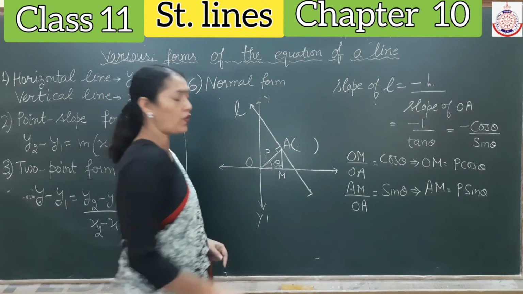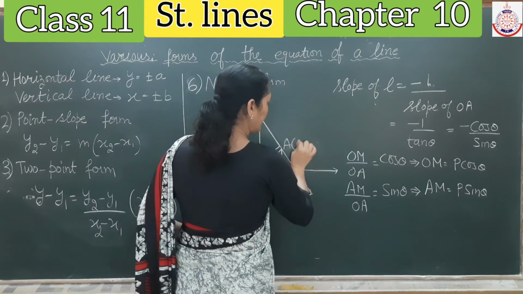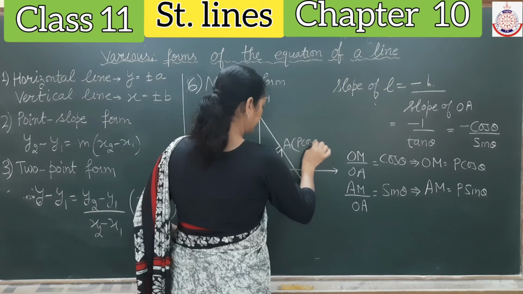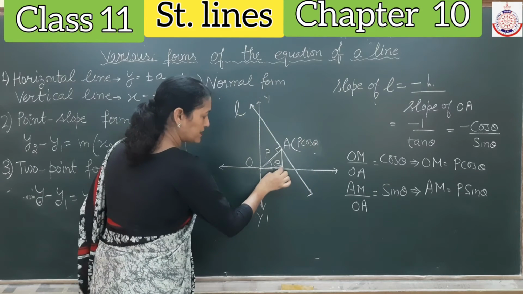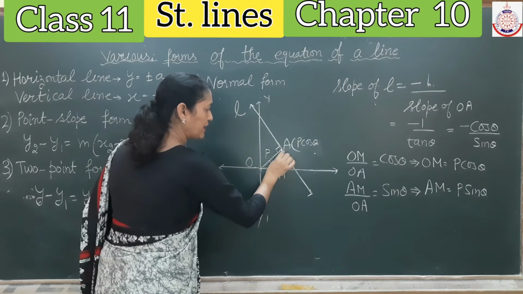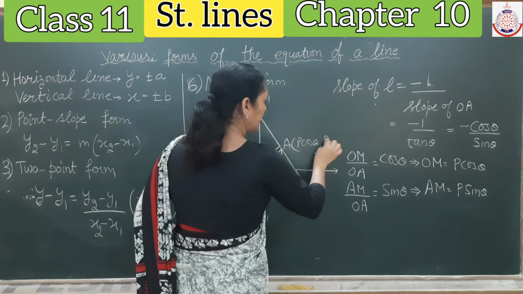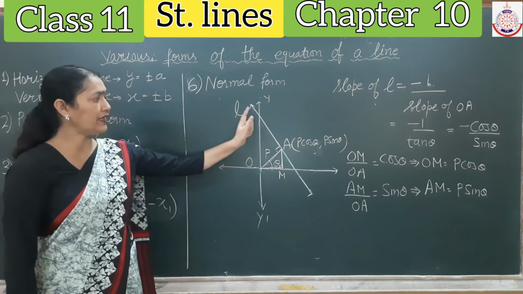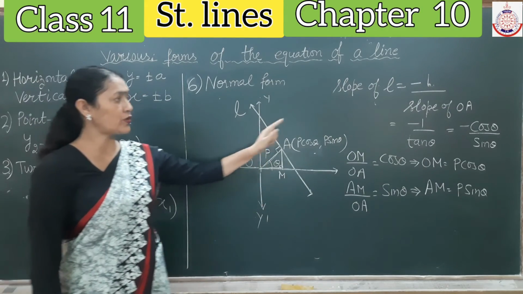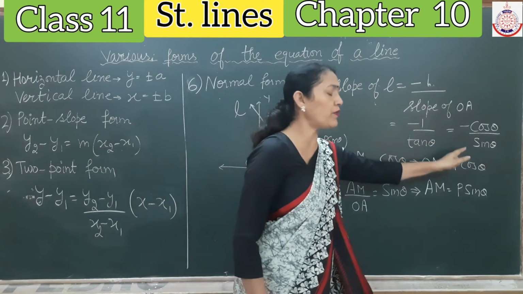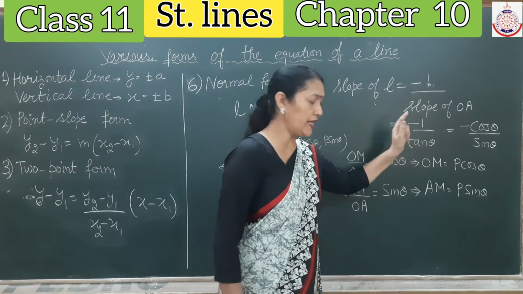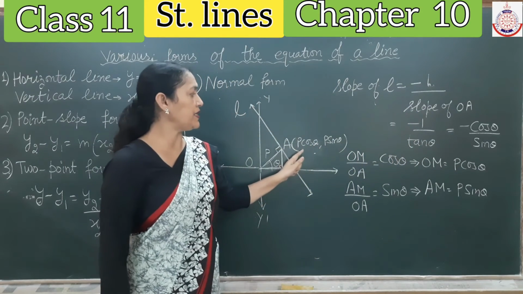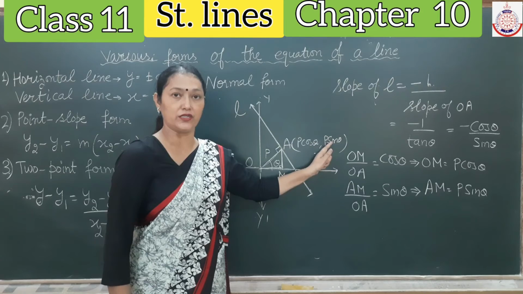This means we have obtained the coordinates of point A as P cos theta, this much distance, the value of x, and P sin theta, the value of y. So we have a line L with slope minus cos theta upon sin theta, and point A having coordinates P cos theta and P sin theta.